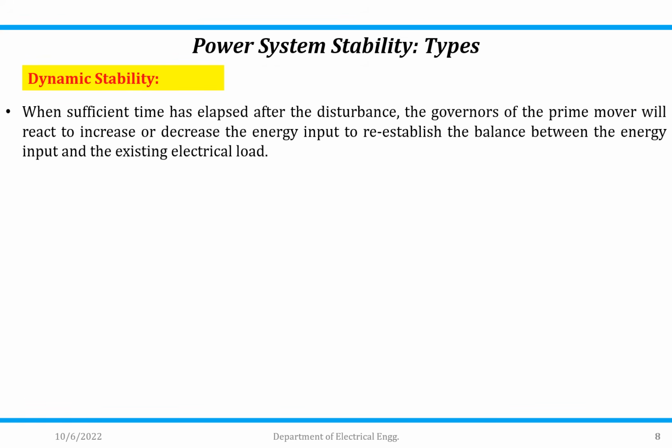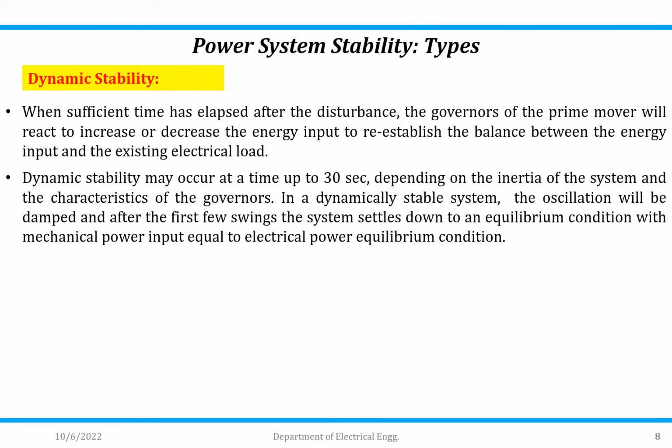Now, whenever sufficient time has elapsed after a disturbance, the governors of the prime mover will react to increase or decrease the energy input to re-establish the balance between energy input and existing electrical load. So dynamic stability may occur at a time up to 30 seconds, depending on the inertia of the system and the characteristic of the governor.